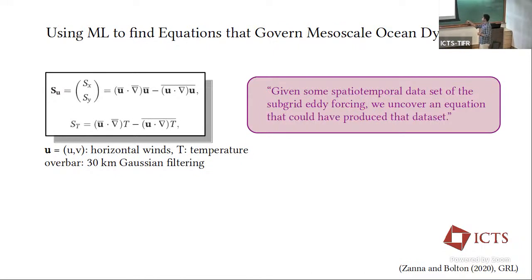U bar is the average coarse grained U, so that's the background flow, and that represents the background flux, which would be at a coarse resolution if none of the eddies were resolved. So this difference quantifies the subgrid scale momentum forcing that you're trying to model. And likewise, this second term here, ST, models the eddy heat flux that you want to model.